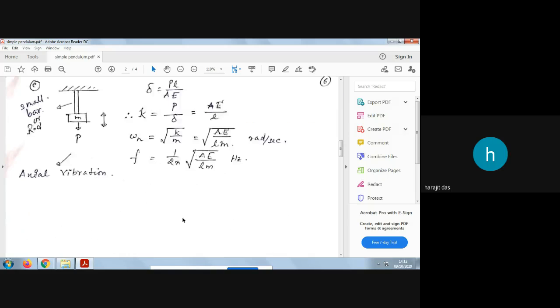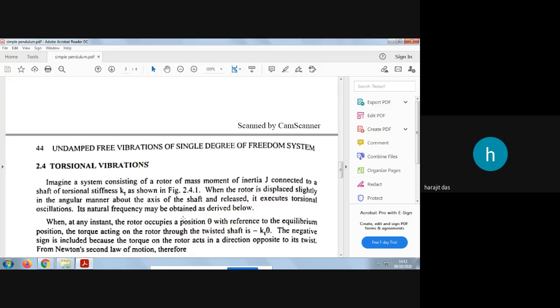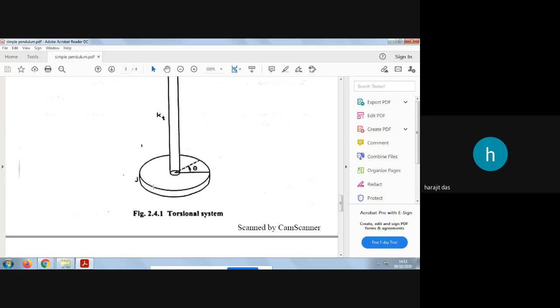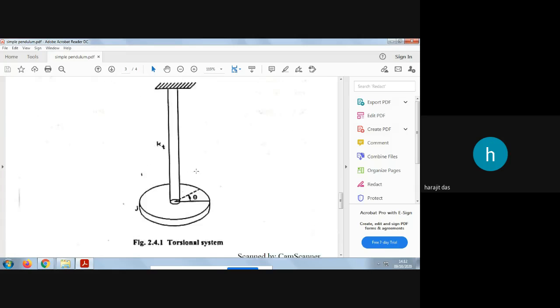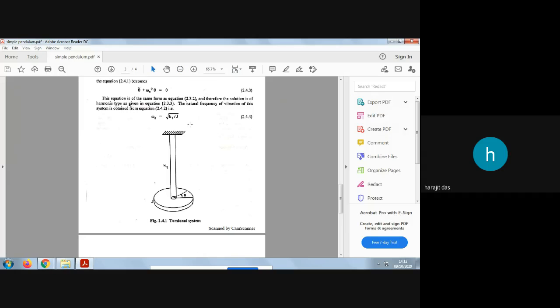So today we are going to find out the equation of motion as well as the natural frequency for torsional vibration. So what is there in torsional vibration? A rotating disc will be there. You can see this rotating disc, which will be connected through a shaft to a fixed support.